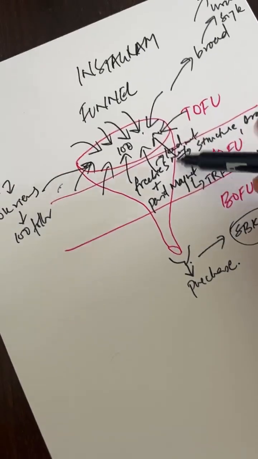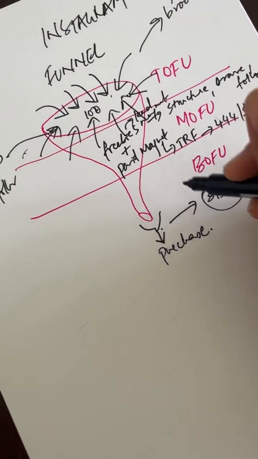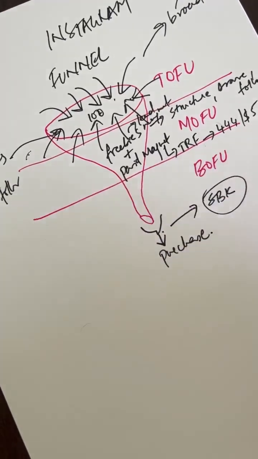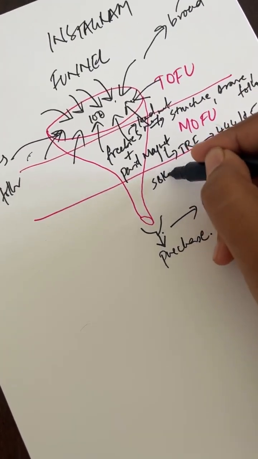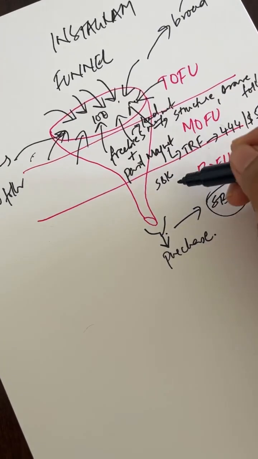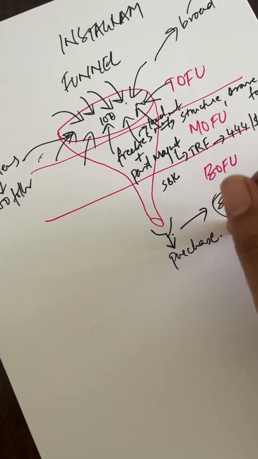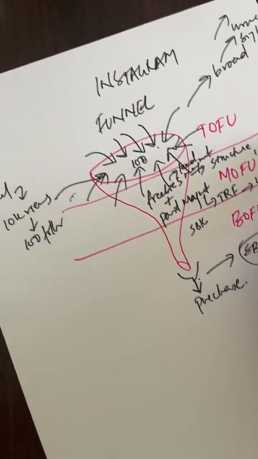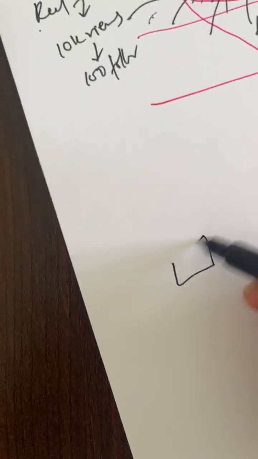And then I am posting bottom of the funnel content and bringing them into my DMs, where I am hard selling SBK in the content itself, or I am soft selling SBK and bringing them into my DMs, and then the sale happens in the DM. So my Instagram funnel is something like this.